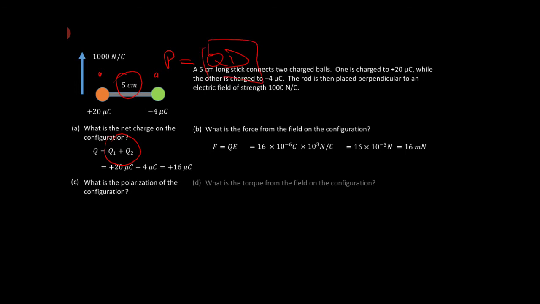Now, the actual way to do this is to go through and do a derivation using the torque itself. I had to do that to be sure that what I was doing was right. But my impulse was right in the first place, and it's just going to be P equals Q1 minus Q2 over 2 times D.